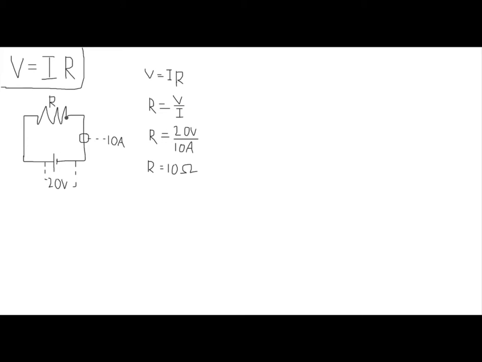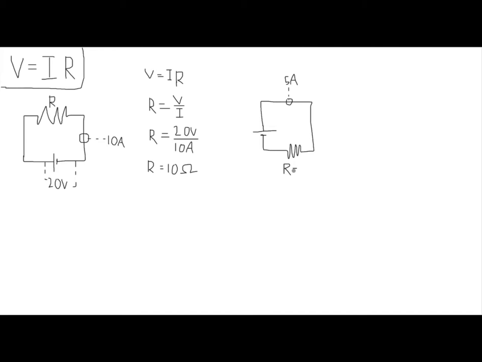So let's try solving another circuit. Let's say the current at this point is 5 amps, and this time we know the resistance.